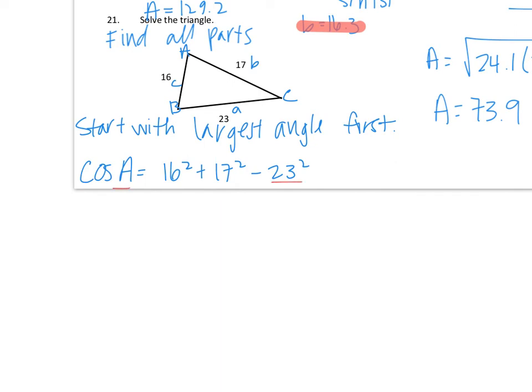This angle and this side should be from the same letter, and they should be across from each other in the triangle. And then on the bottom, we've got 2 times 16 times 17. Parentheses are on the top, parentheses are on the bottom. Let's get that in your calculator. It will be a decimal. It might be negative.